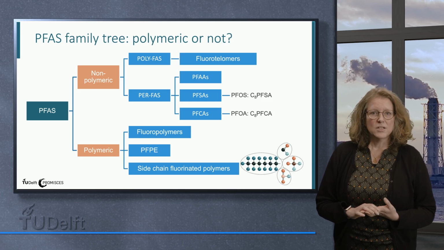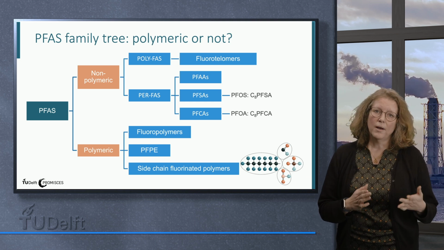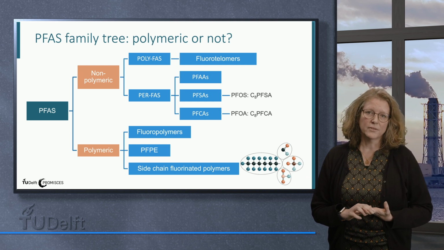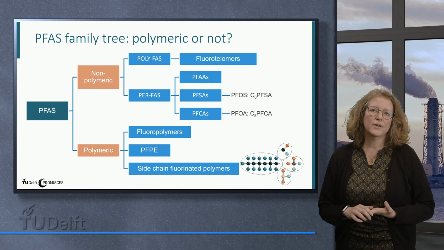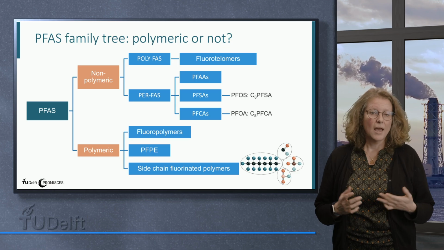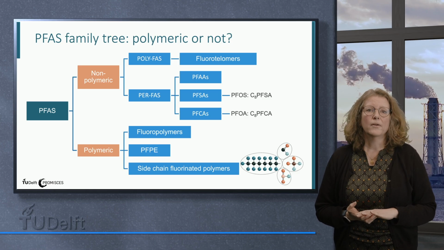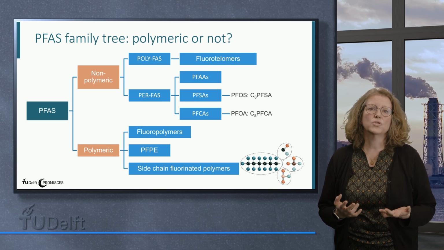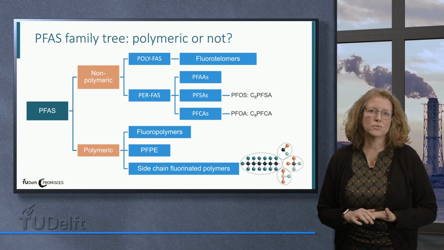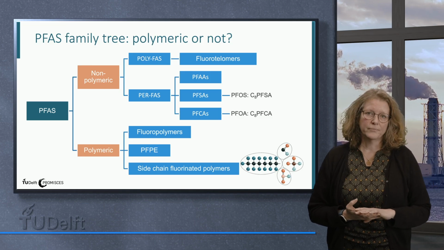A main division is applied between polymeric and non-polymeric PFAS. The polymeric PFAS, formed through a repetitive chain of smaller PFAS, are said to be less problematic than non-polymeric PFAS. However, for the production of these polymeric PFAS, non-polymeric are still required, which produce an additional non-polymeric waste stream. There is therefore no such thing as harmless PFAS.